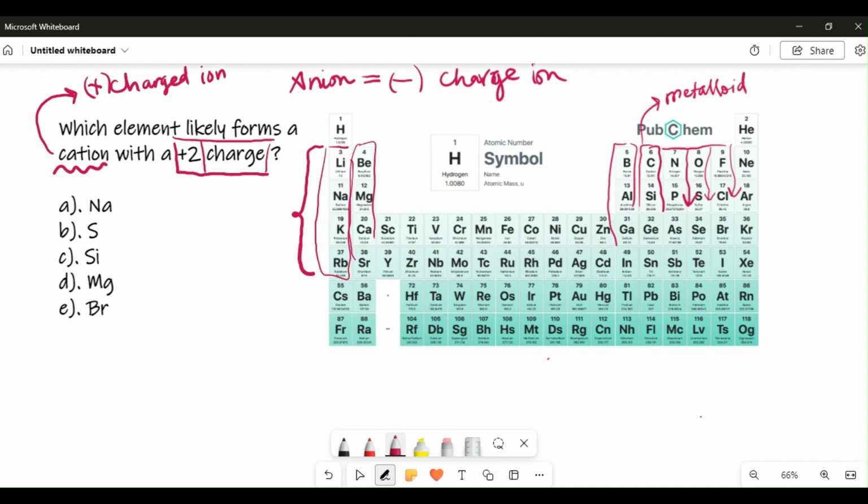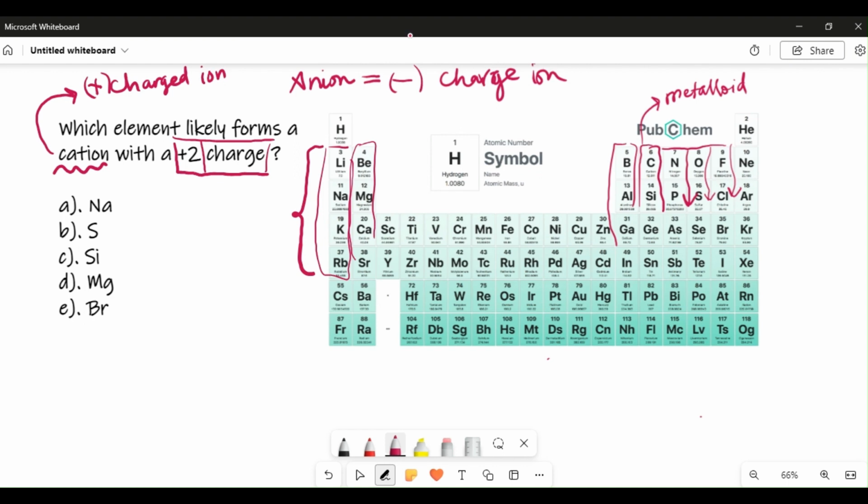So it's important for you to know that metals tend to form cations, and they tend to be on the left-hand side of the periodic table, and non-metals tend to form negatively charged ions, and they tend to be on the right side of the periodic table. So I think it's very important for people to know.